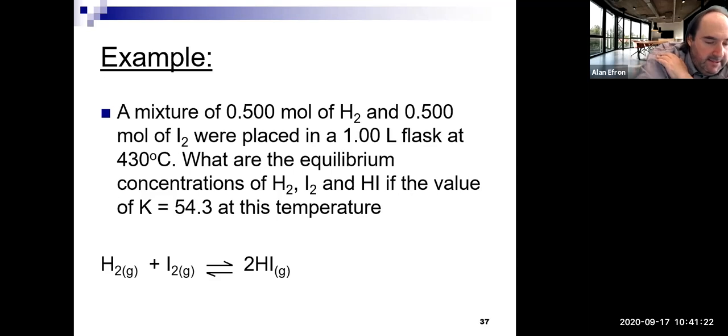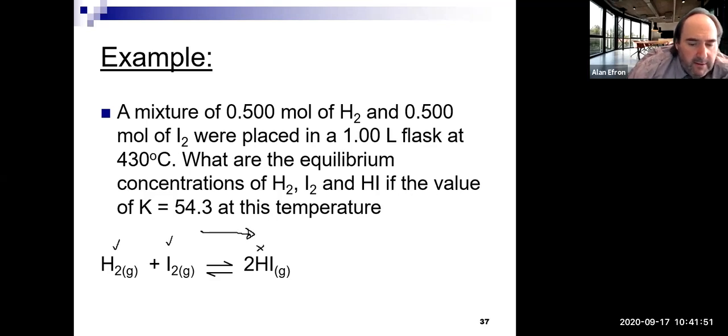Let's take a look and see how we're doing. In this case, we have some H2, we got some I2, and it's in a 1 liter flask. And we want to know the equilibrium concentrations of everybody. We are given enough information about H2 and I2, but not anything about HI. So again, we could probably assume that this reaction is going to head in this direction.